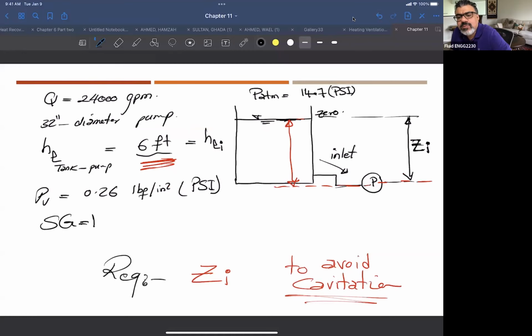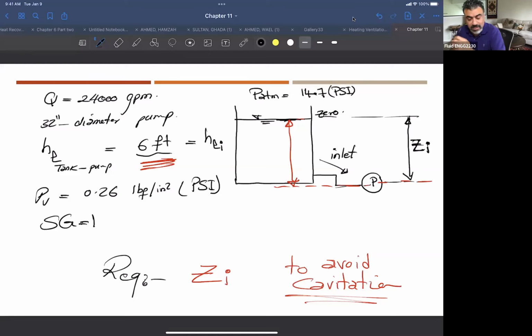So minus 8.7 means, can the pump be put upwards, above the tank? How? What do you mean? It has to be below the ground. Yeah, below that, ground. Okay.